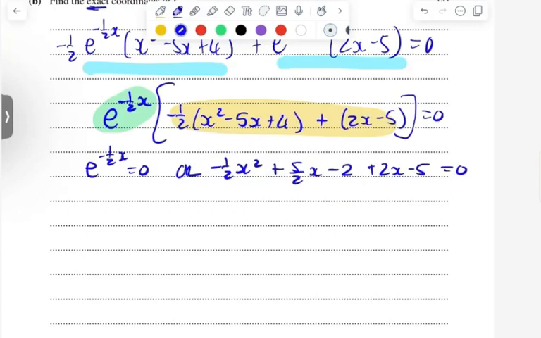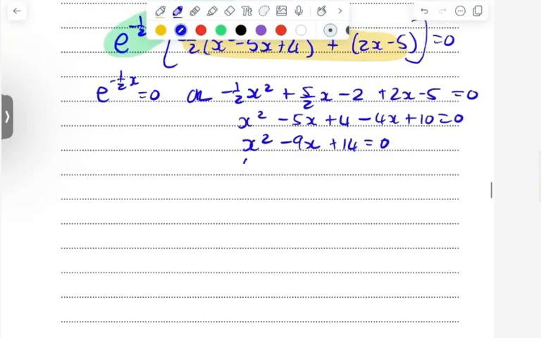So that becomes x squared minus 5x plus 4, minus 2x plus 5... okay, right. You've got to make sure you get that right, otherwise you're losing marks for silly things. We really need to be careful every time we do this. So x minus 7, x minus 2.